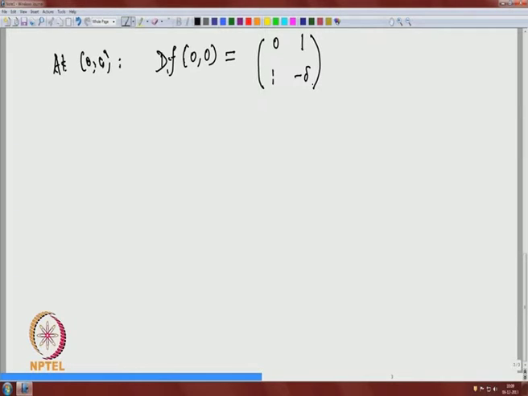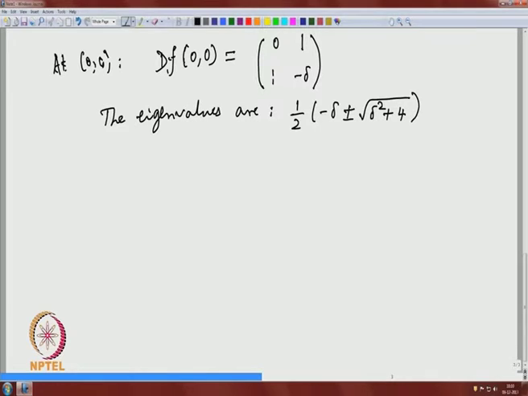The eigenvalues you can compute are half of minus delta plus or minus square root of delta square plus 4.